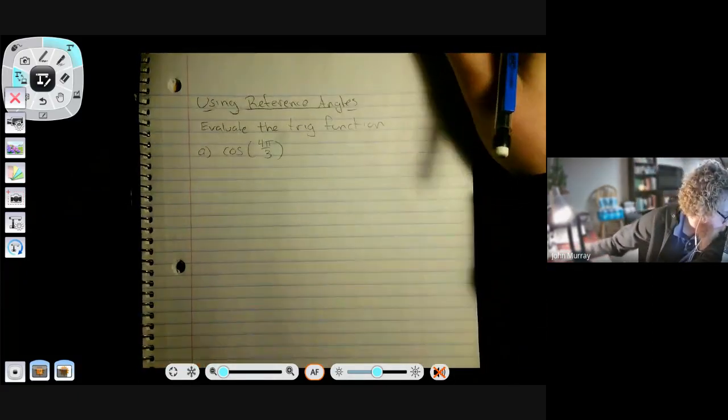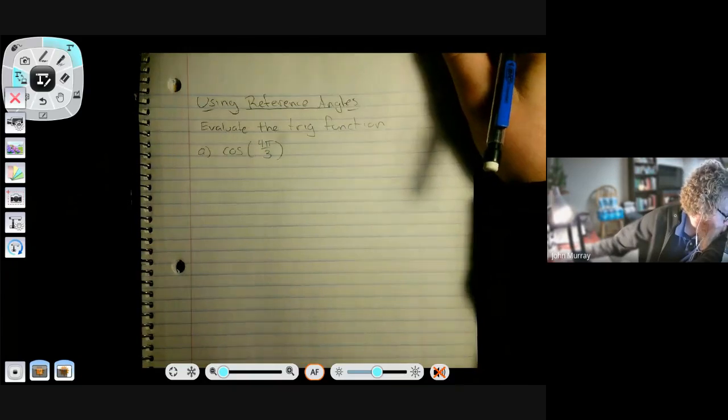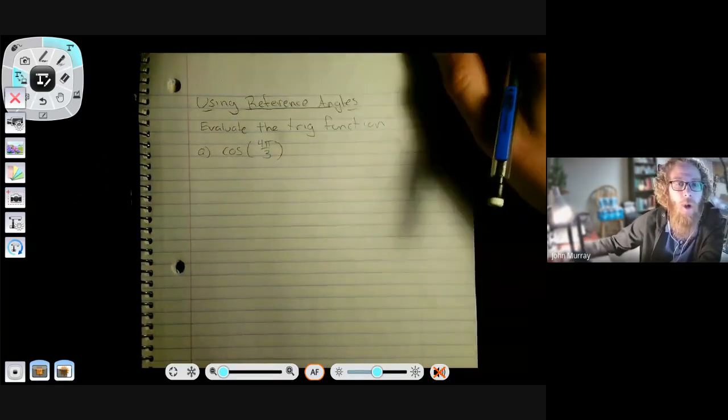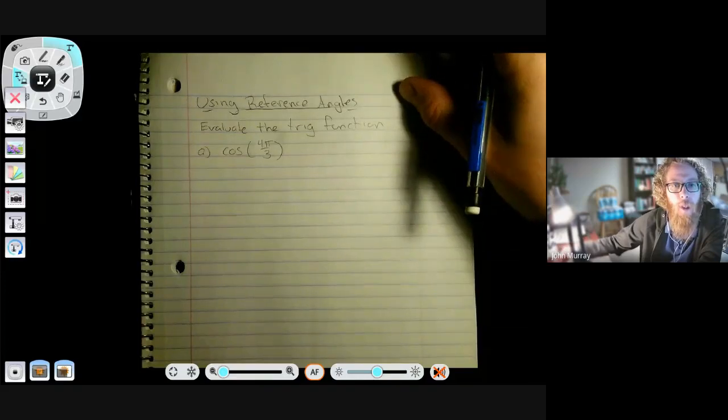So we'll start by doing 4 pi over 3. We want to find the cosine of 4 pi over 3.